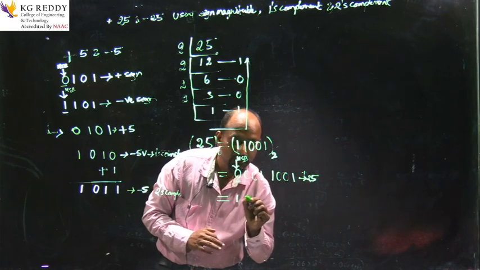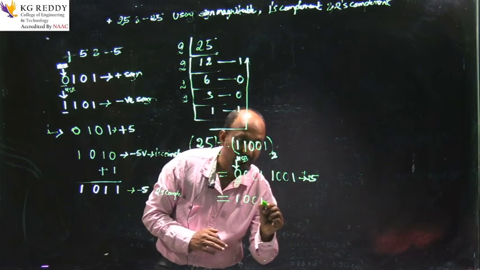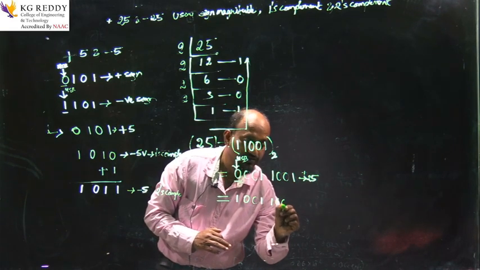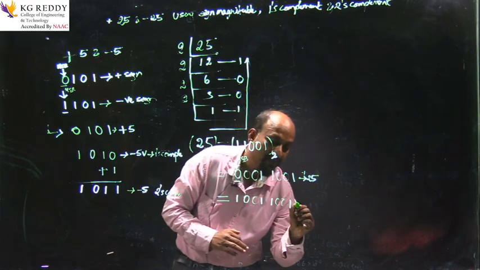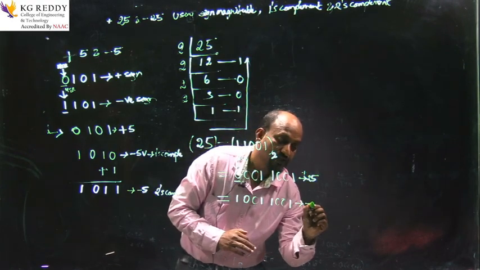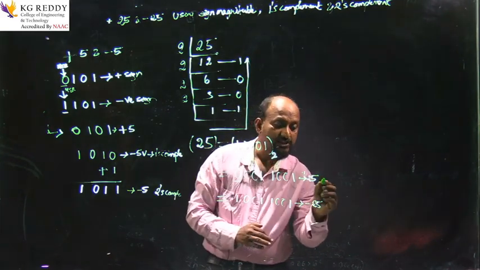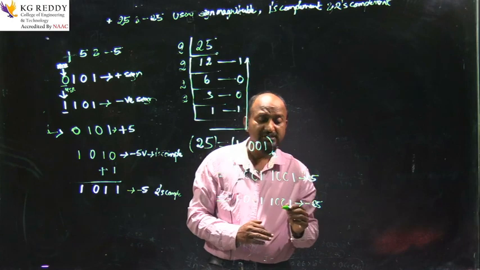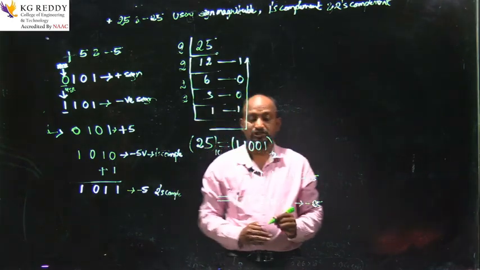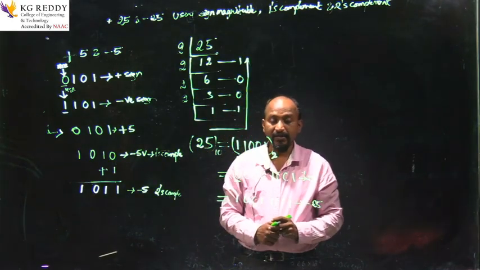So 1 0 0 1 1 0 0 1 is minus 25. These two are in sign magnitude form.